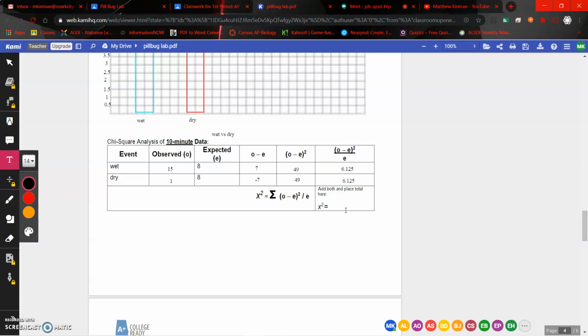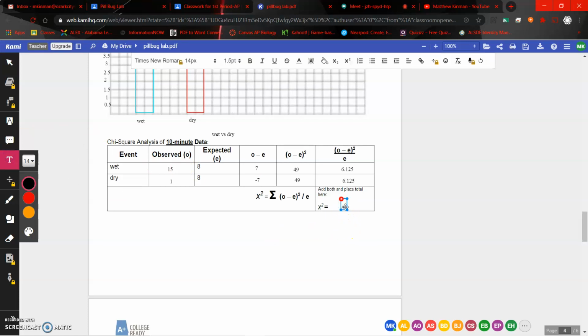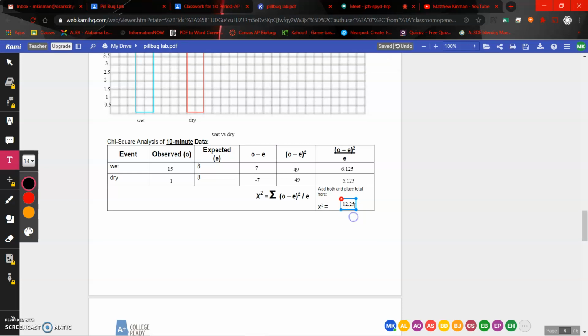That gives us 12.25. All right, so this is our chi-square statistic. This is our chi-square number.